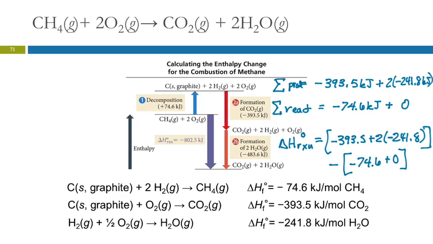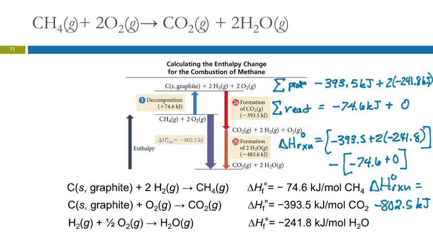So negative 393.5 plus 2 times negative 241.8. And then I'm going to subtract negative 74.6 equals negative 802.5 kilojoules.